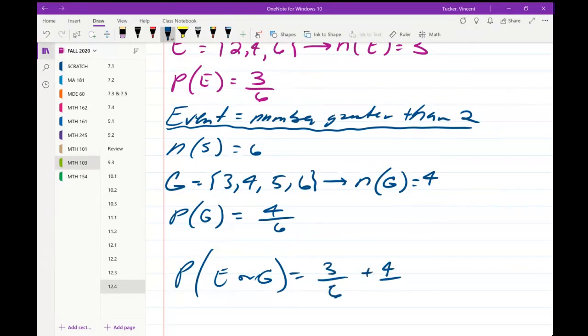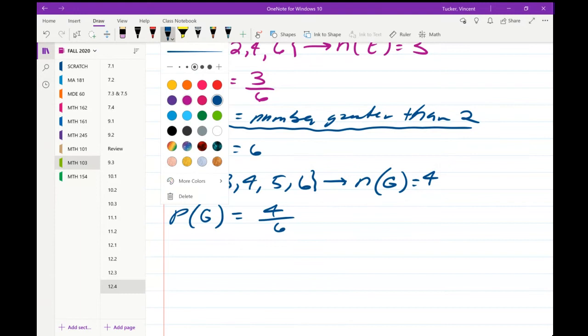That's 3 over 6 plus 4 over 6, which in this case will give you 7 over 6. And remember, the probability is supposed to be between 0 and 1. The highest it can be is 1. So that gives me something greater than 1. So we know there's something going on here that we haven't considered.